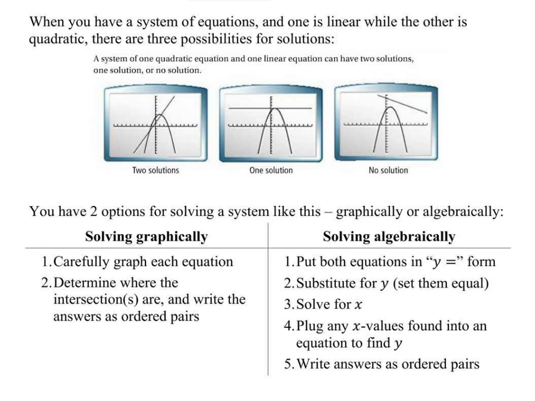So if I have a line and a parabola that I'm graphing, there's only three ways that the graph can look. First, it can look like this, where you have an intersection here and an intersection here. The line is cutting through the parabola. Or it can look like this, where the line is just touching the parabola at one point. And it doesn't necessarily have to be at the vertex. It could be over here, or it could be over here.